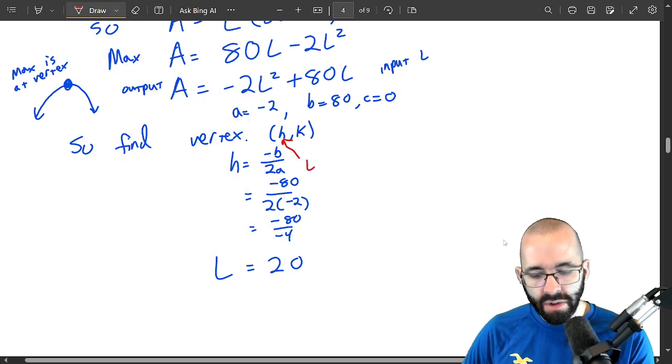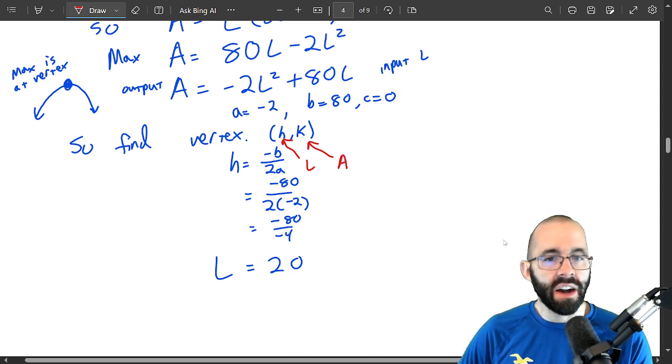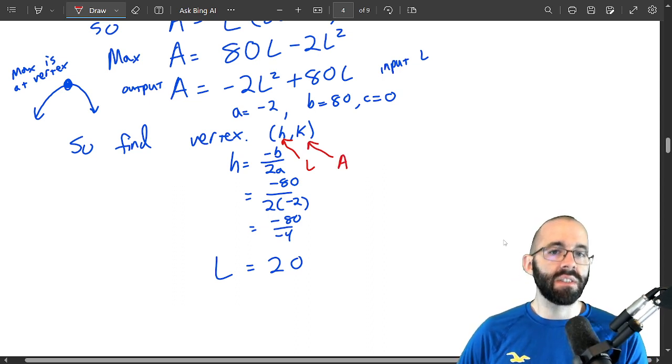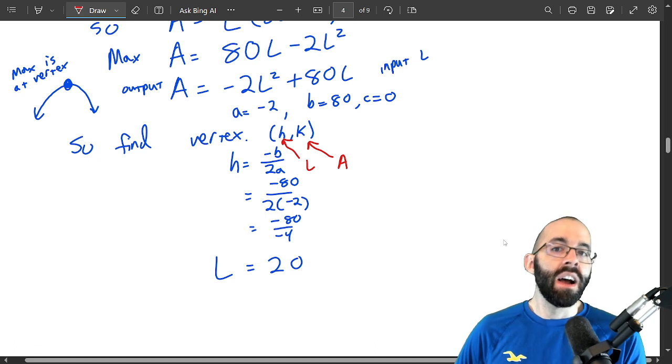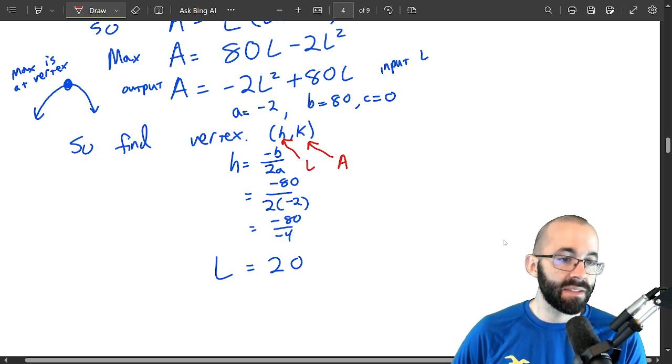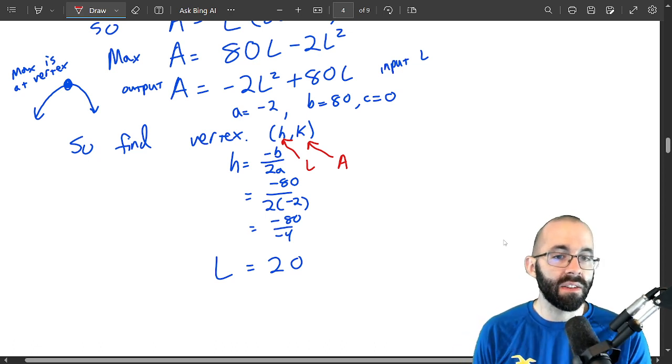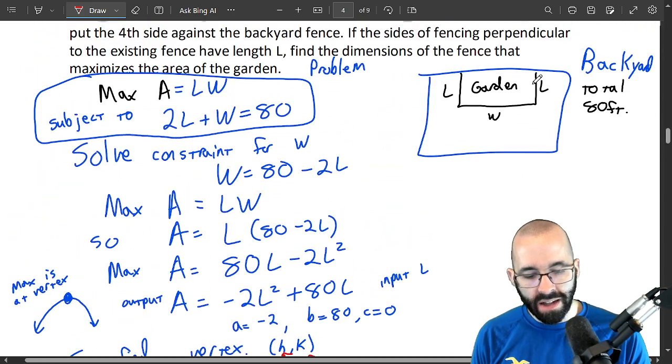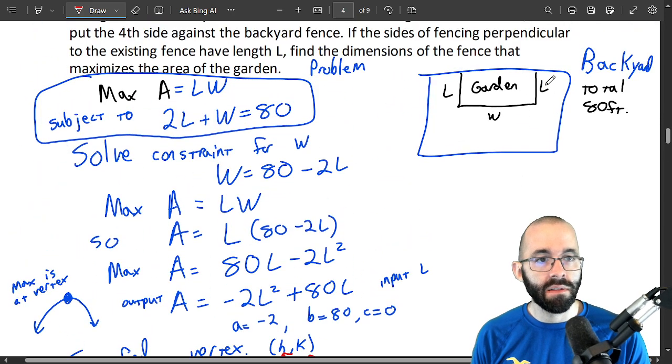That's the L value here, and that's the area value here. This tells us the maximum area happens when our input is a length of 20, when this L up here is 20 feet.